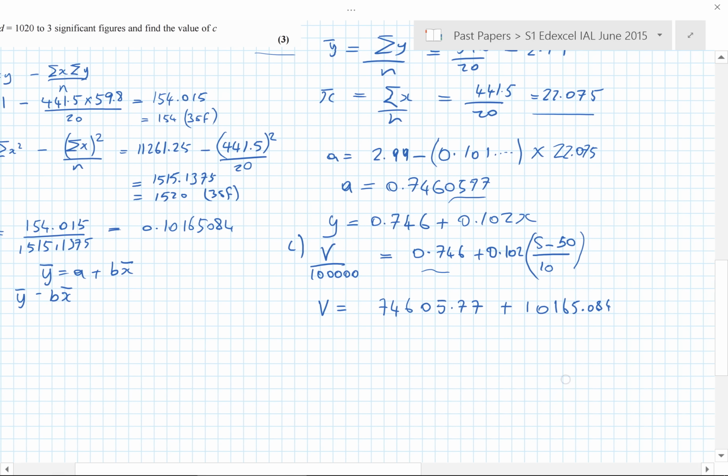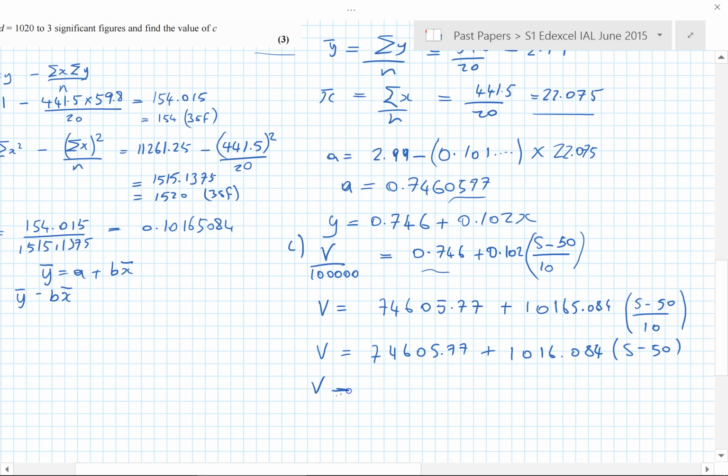I'd say probably going a bit over the top with our number of figures here. Times by s minus 50 divided by 10. So that gives me V is equal to 74605.77 plus, this now can be divided by 10 here, so that's 1016.084 times s minus 50. Now let's multiply that out.